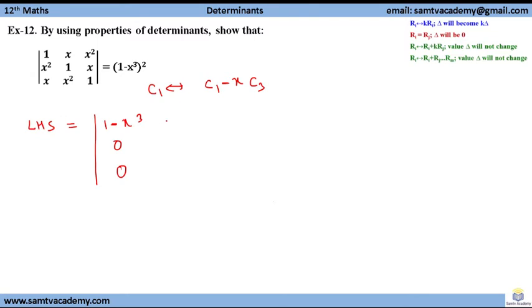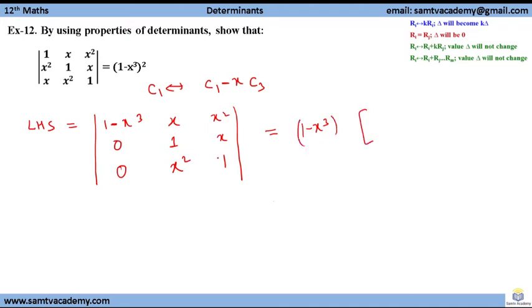Next, these two columns will remain as they are, x, 1, x square, x, 1. Now two zeros are here, so if we expand along this column 1, what will we get?